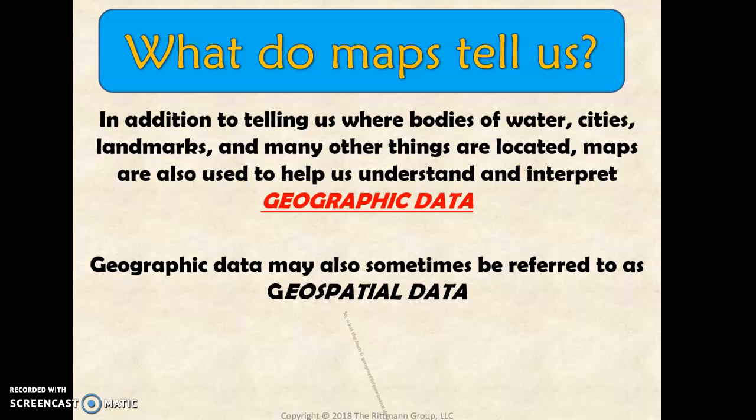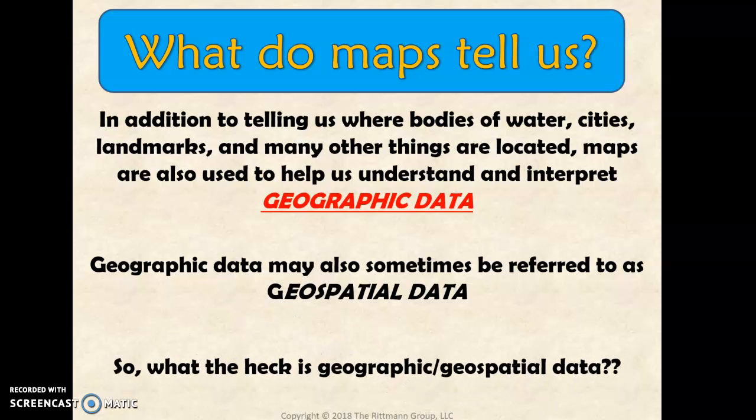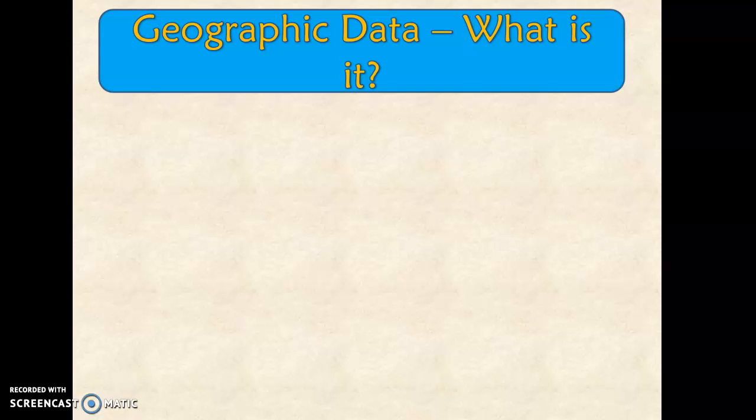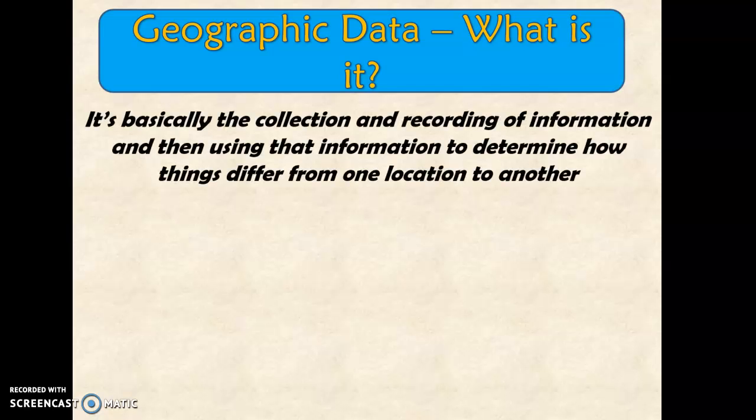So what exactly is geographic data or geospatial data? You'll need to use those terms interchangeably. Data is basically a collection and recording of information and then using it to determine how things are different from one location to another.